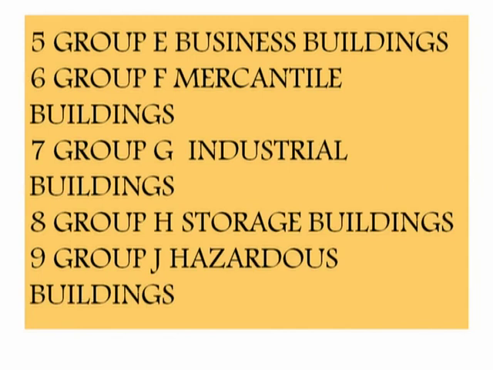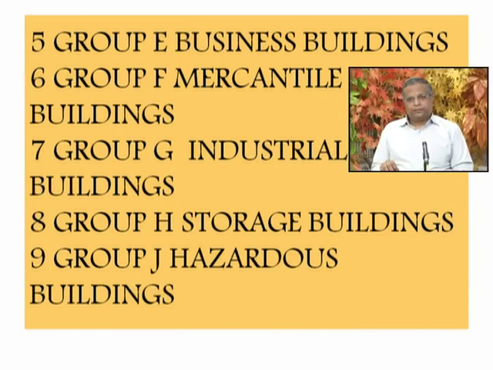Then is the group F, that is the mercantile buildings. Then is the group G, the industrial buildings. Then is the group H, that is the storage buildings. Then is the group J, the hazardous buildings.